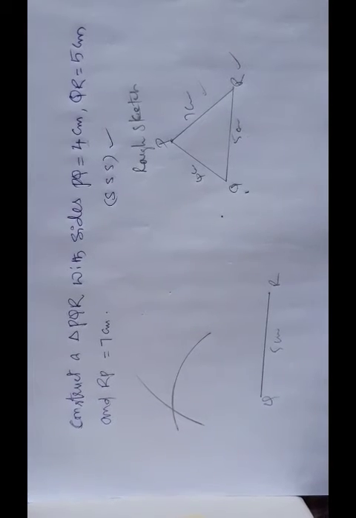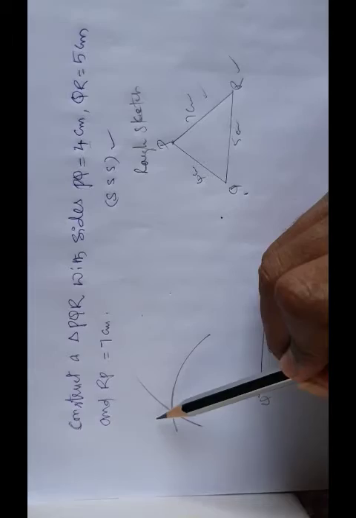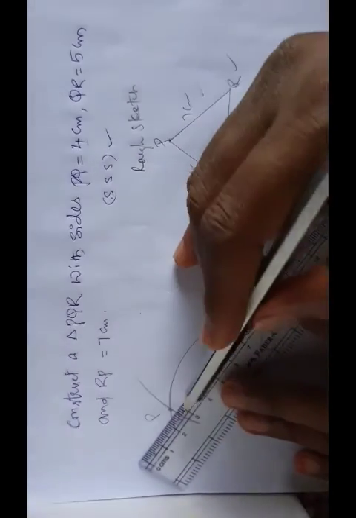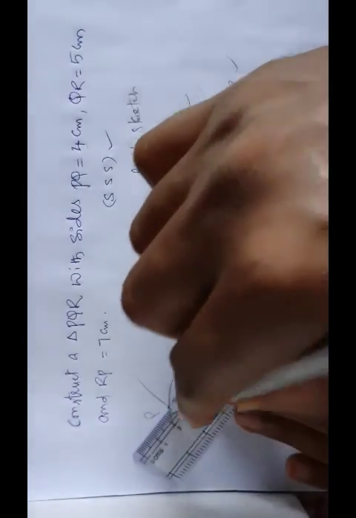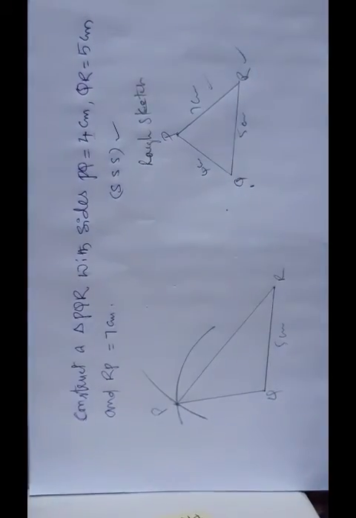So these two arcs are intersecting at one point. That point is P. Now if we join P and R, and also P and Q, we got a triangle PQR.